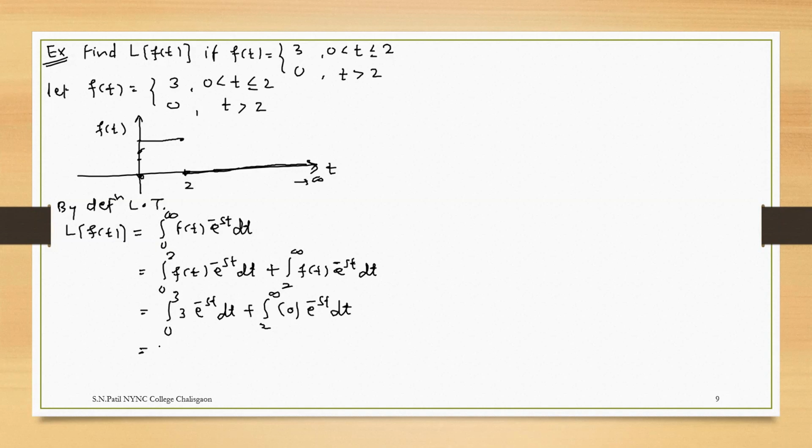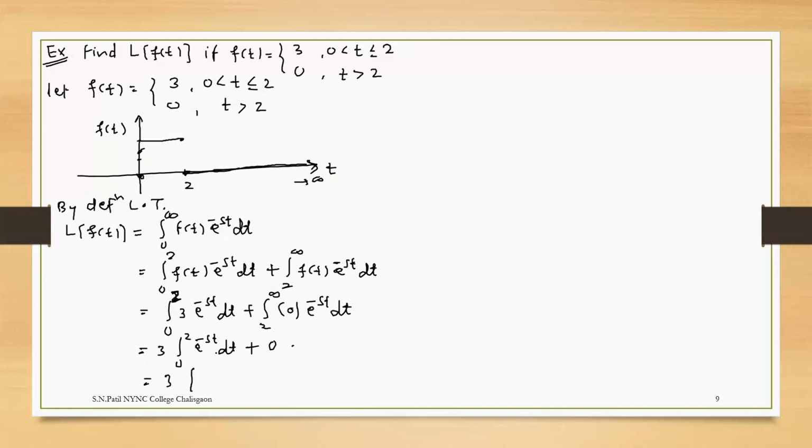Now 3 is a constant, so we take it outside: 3 times the integral from 0 to 2 of e raised to minus st dt, plus the second term, which is 0 because 0 times the remaining term is 0.